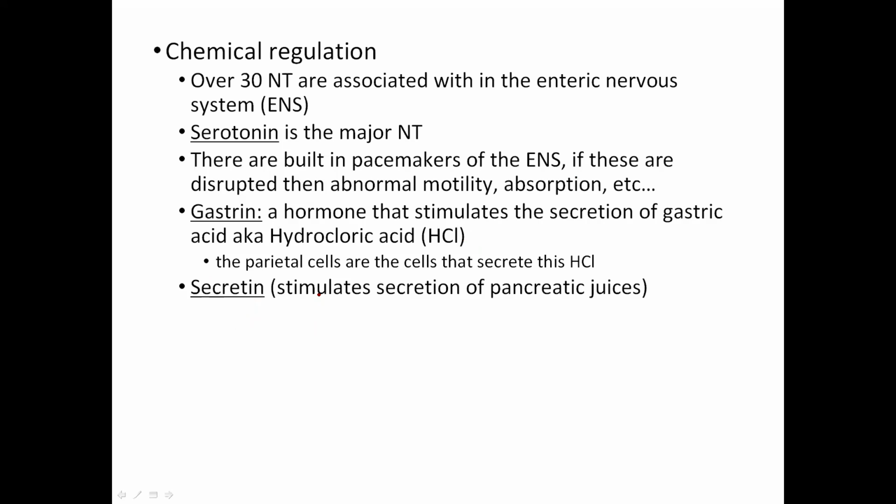So some of the major chemical regulators, one of them is serotonin. You can write this down as kind of a fun way of saying it: the feel-good hormone. So this puts you in a good mood.